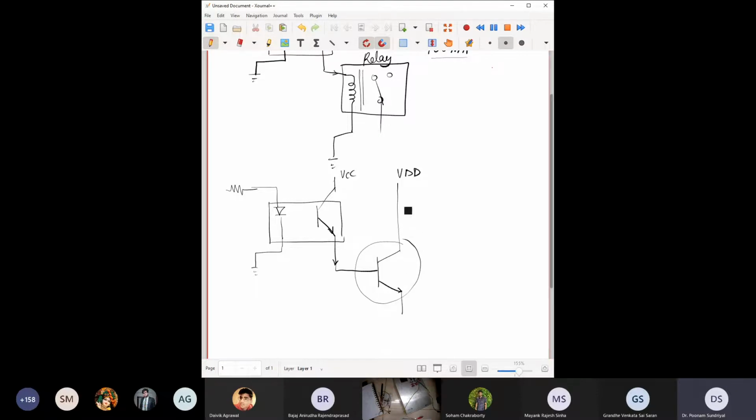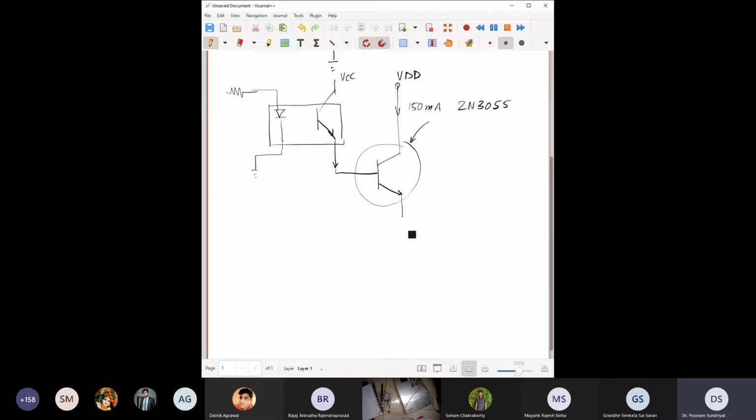From here on, you can make sure that this transistor can sustain a current of, if the demand is 100 milliampere, maybe 150 milliamperes. Something like a 2N3055. Okay, does that make sense to you? Then you have the same usual relay connections to ground.